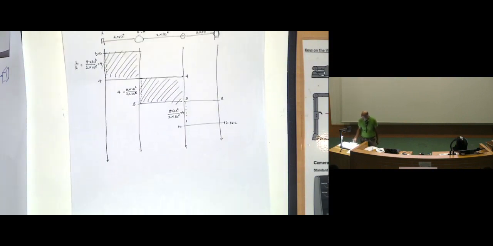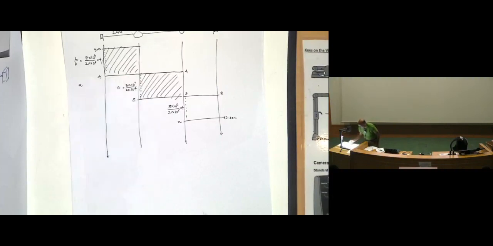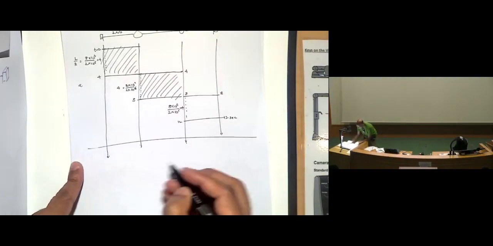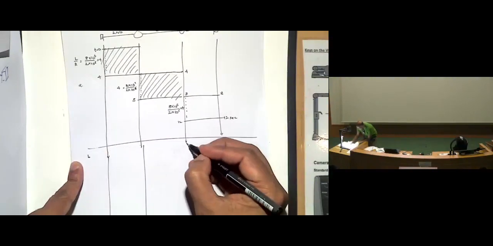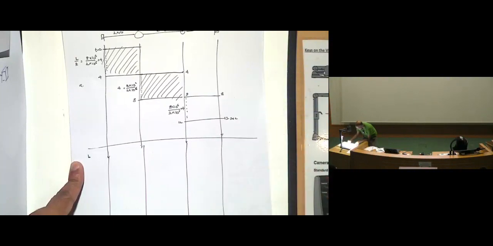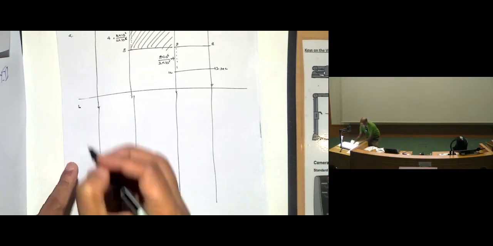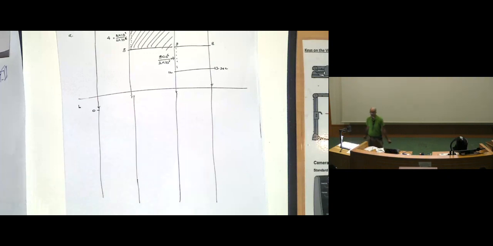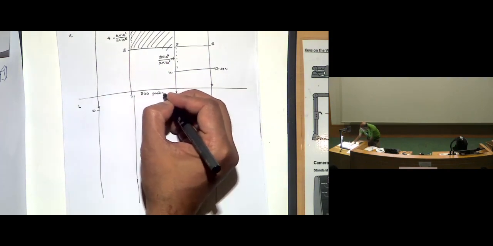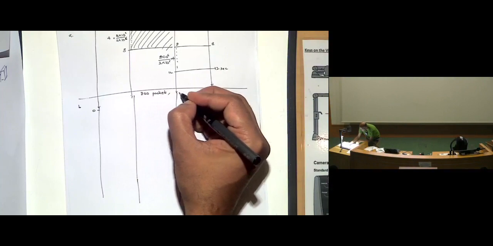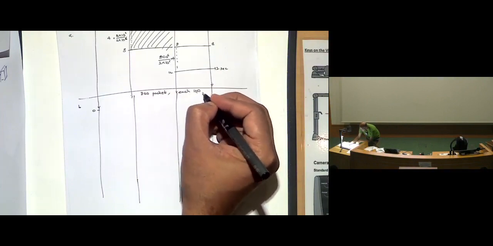All right. So now this was part A, let's say. And let's do part B here. Let's say at t equals 0, we start again. Now, in this case, what I have is 800 packets, and each packet is 10,000 bits.